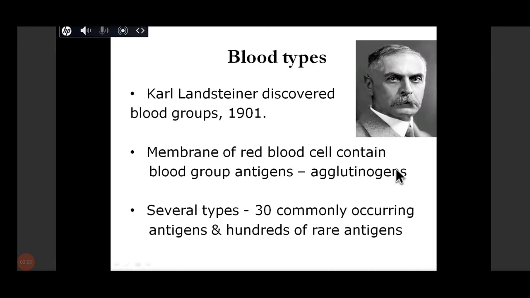A brief about history. Carl Landsteiner was the first person who discovered the blood groups in 1901. It is based on the membranes of red cells which contain the blood antigens or agglutinogens. There are several types of blood groups like MN system, Kell, Duffy, but at adult level we will be doing A, B, O, and Rh.